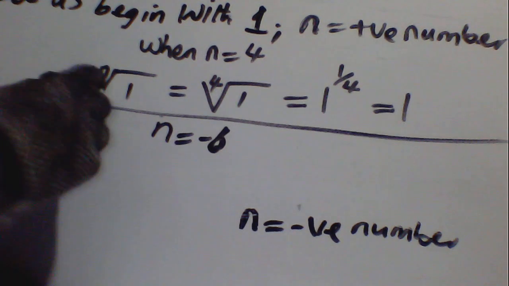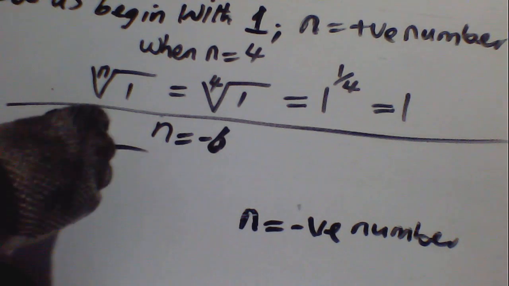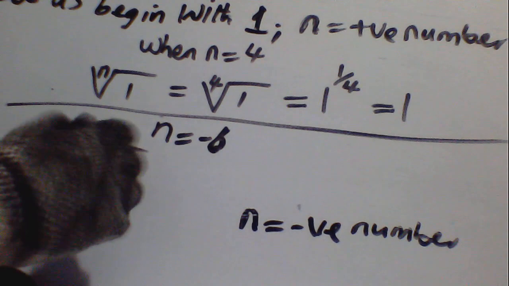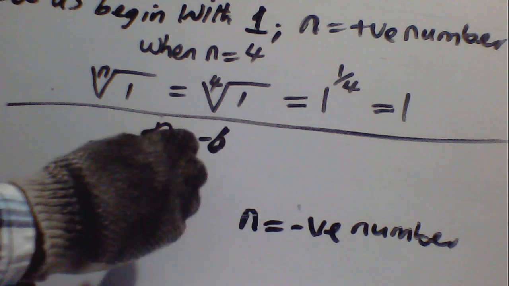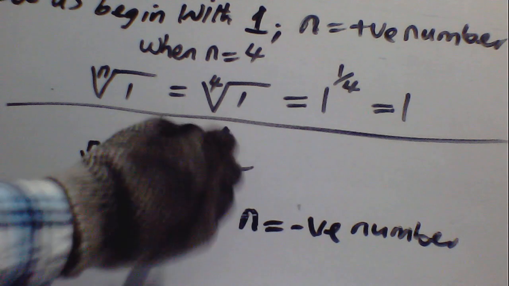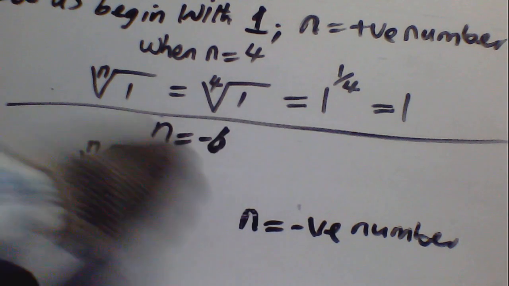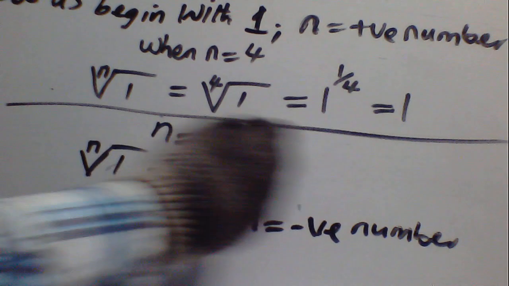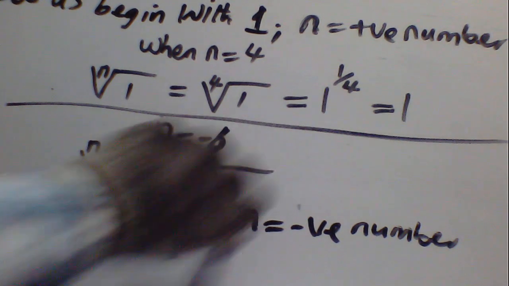So we have the nth root of 1, with -6 here and 1 here.